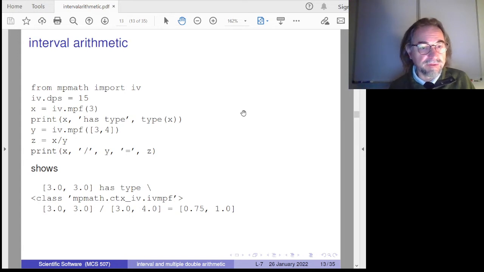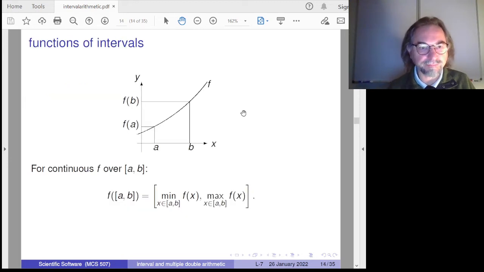So you see that we can divide. The division works as long, of course, as 0 is not a member of your interval. So we can divide one interval by another interval and obtain another interval. In general, one has functions of intervals.